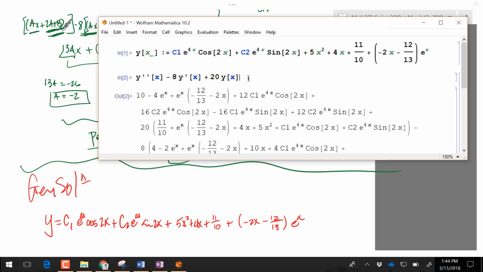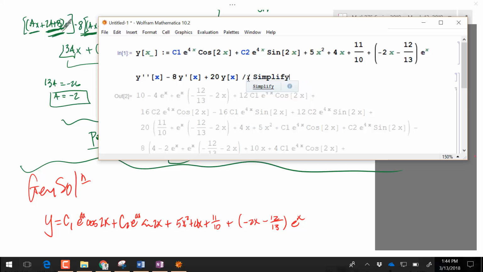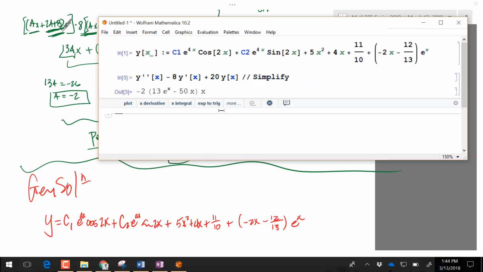That's the differential equation. Should ask it to simplify. Does that work? 2 times 50 is 100, x squared. 2 times 13 is negative 26, x times e to the x. Works?